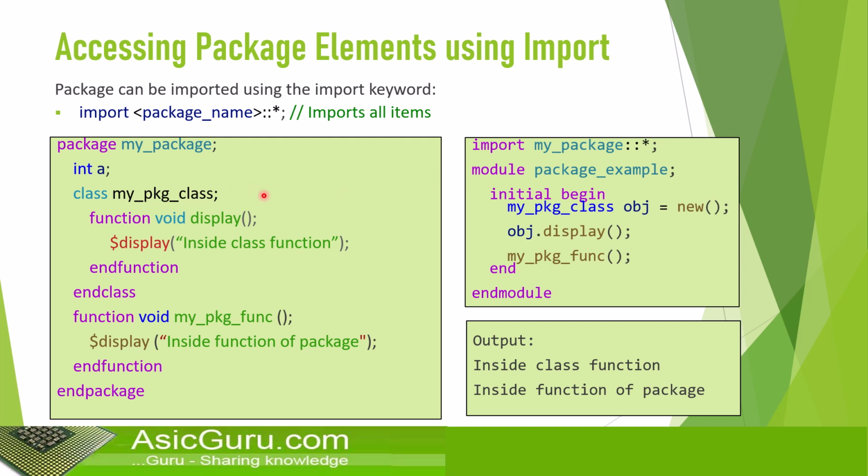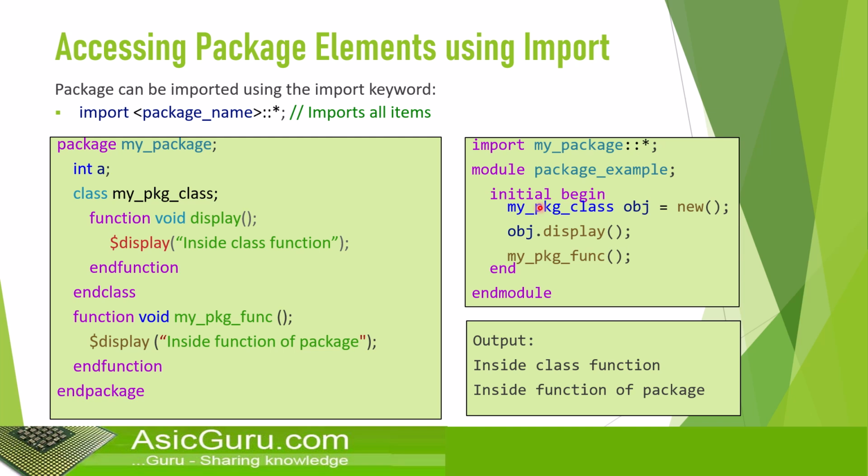For using this class I'm importing the package by using this statement, import package, scope resolution operator and star, and it means all the code which is part of this package is now visible in this scope. So all the package content would be part of this module now.